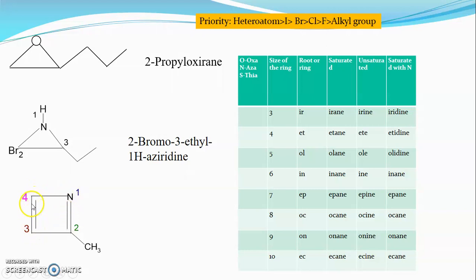Now this 3 and 4 are also sharing a double bond. Only if there are single bonds will the compound be called saturated. Otherwise the compound will be treated as unsaturated. So it is a nitrogen containing 4-membered unsaturated ring. So it is azete and 2-methyl, so it is 2-methyl azete.